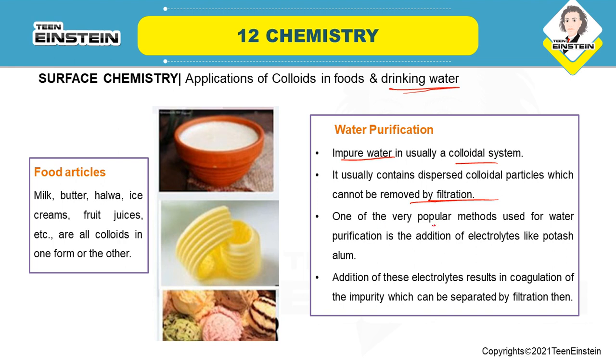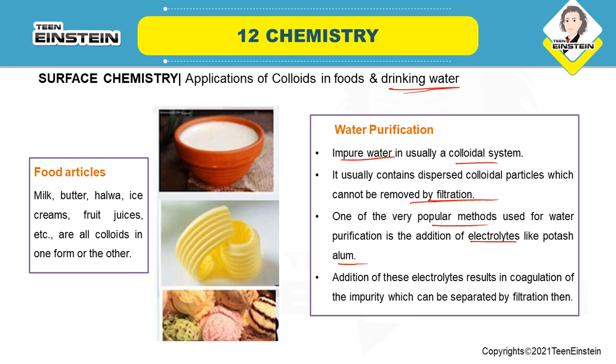One of the very popular methods used for water purification is the addition of an electrolyte, that is alum. When we add this electrolyte, there will be coagulation, because we know that a certain quantity of electrolyte is necessary for stability, but if it is in excess, there will be coagulation of the impurities.